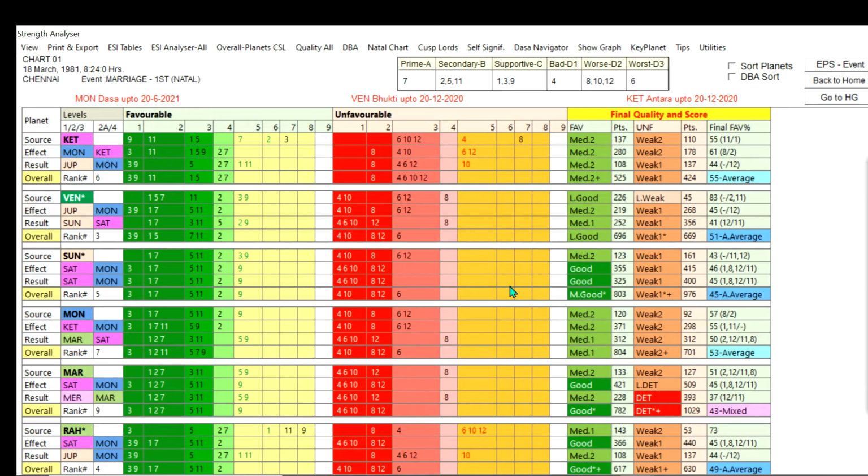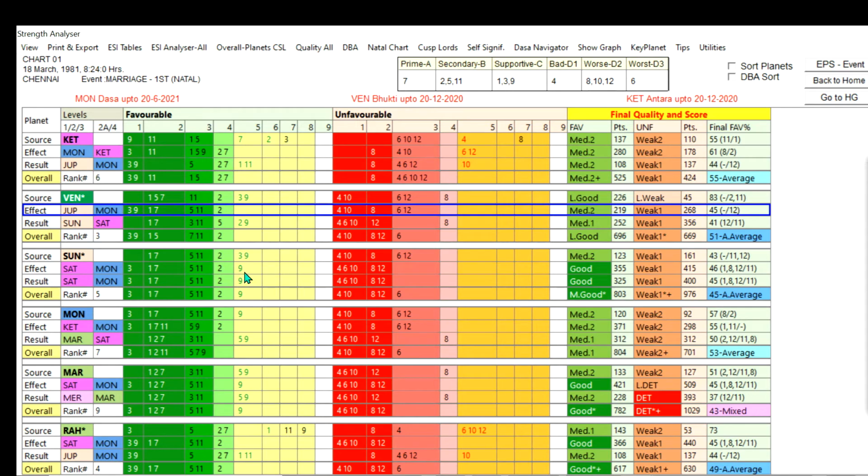Because house grouping level to level and within level, that chain, if they are forming automatically, an average planet also can be a good planet, and an above average planet can also be comparatively lesser than the average planet. So always study this analyzer table considering the rank only as a supportive tool, not blindly as the primary tool. That's what I have explained about these points in the ebook also very clearly. You have to keep that in mind. So this is the EPS, that analyzer table.